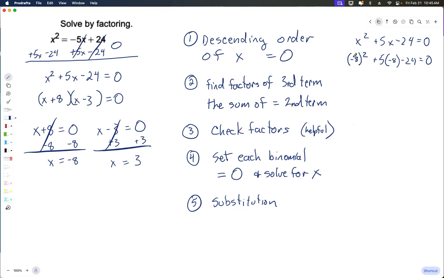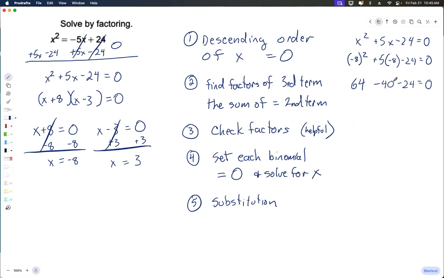Negative 8 times negative 8 is 64. It's a positive 64 because a negative times a negative is a positive. Positive 5 times negative 8 is minus 40, minus 24.